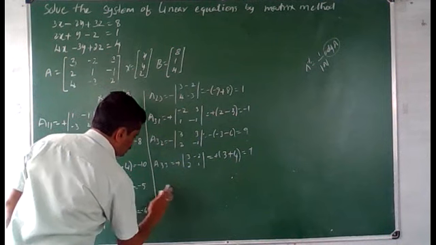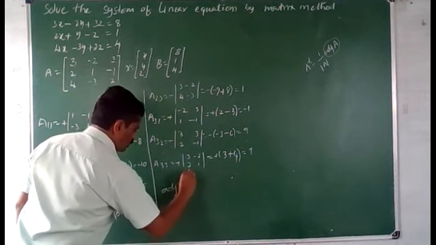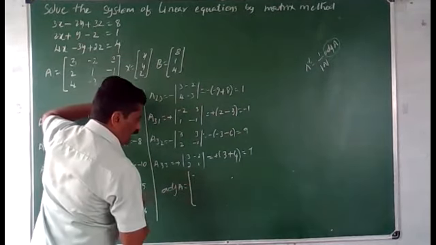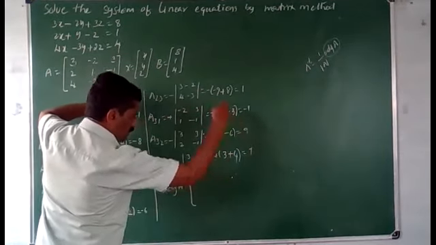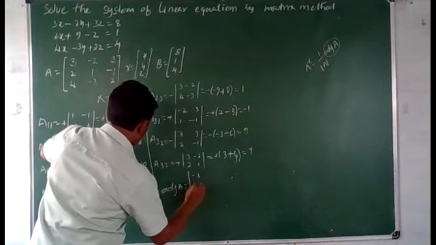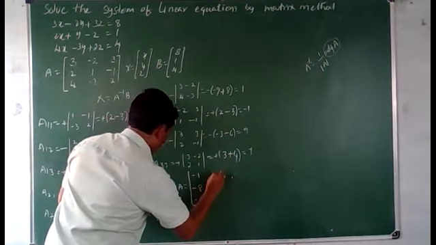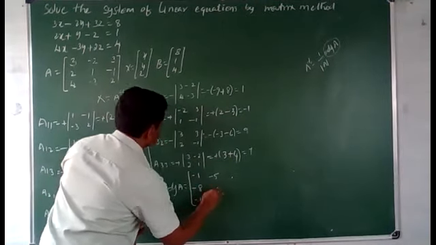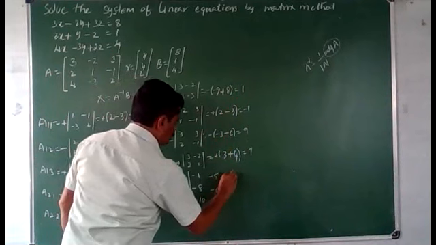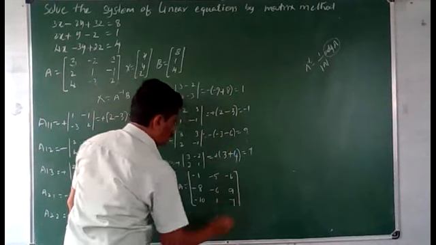Adjoint A is equal to, don't write in a row only, column only: minus 1, minus 8, minus 10, minus 10, minus 5, minus 6, 1, then minus 1, 9, 7. This is the adjoint matrix.